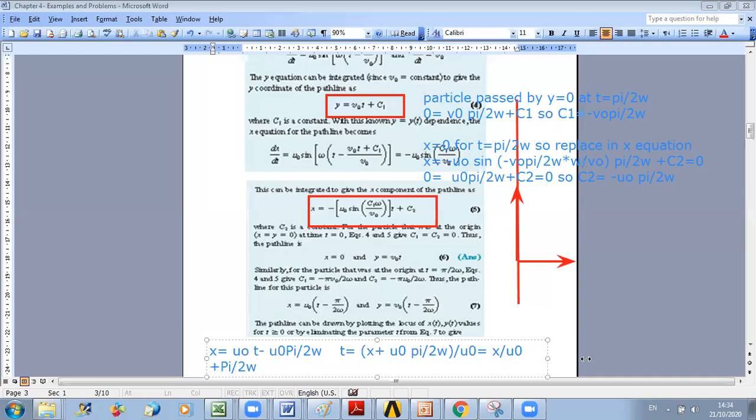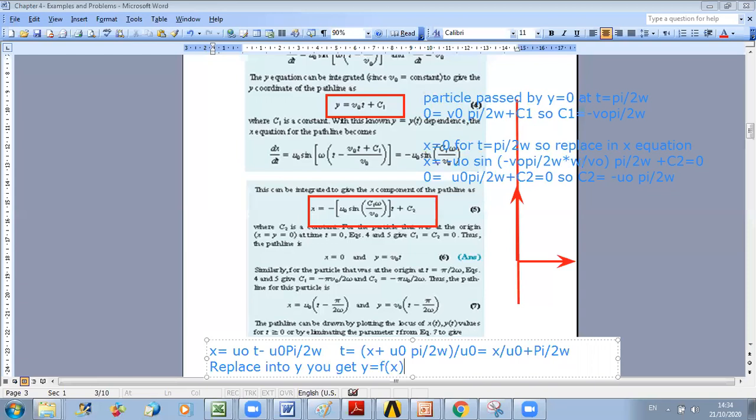Once you get t as a function of x, you can replace it into y. So replace into y, you get y as a function of x, and this is your path line.